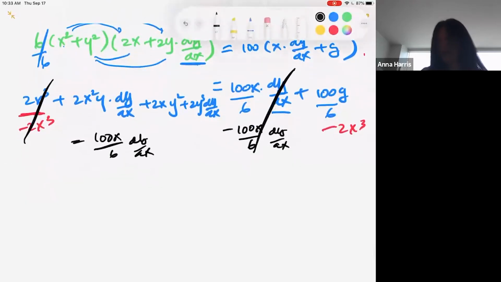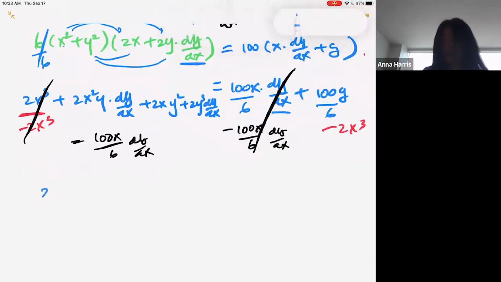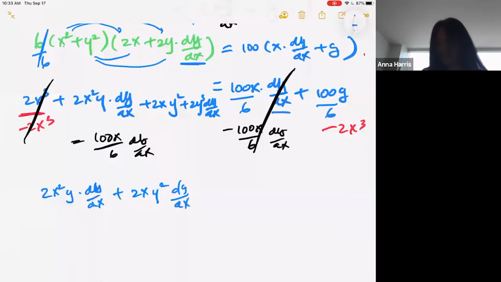So I have 2x squared y dy dx plus 2x y squared dy dx plus 2y to the third dy dx. Remember this one, so 100 x over 6 dy dx.